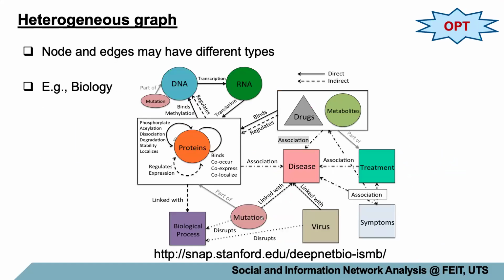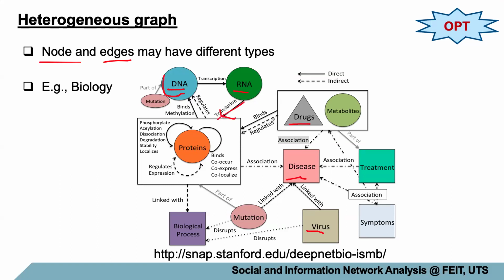The last type of graph is the heterogeneous graph, in which the nodes and edges may have different types. This is more common in reality. Like in this example from biology, the nodes have different types, like DNA, RNA, drugs, disease, virus, and the edges also have different types.